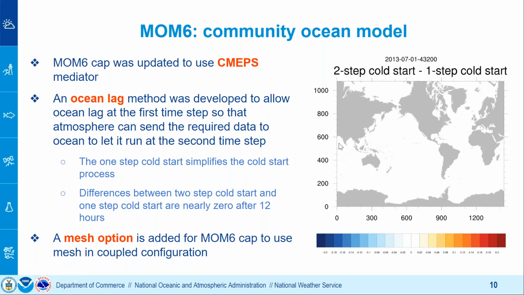And the difference, as you see in the right figure, between the two-step cold start and the one-step cold start, even after a 12-hour forecast, the difference is really small. Another new feature is that a mesh option is added to the MOM6 cap to use a mesh in the coupled configuration.